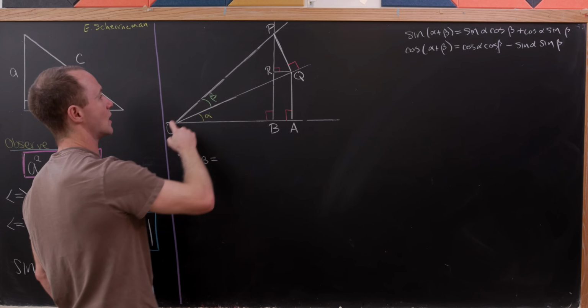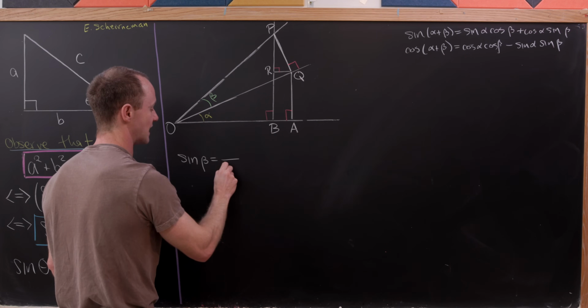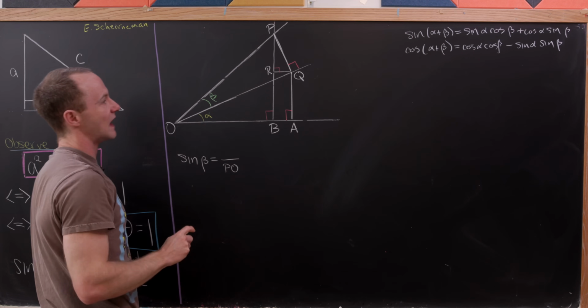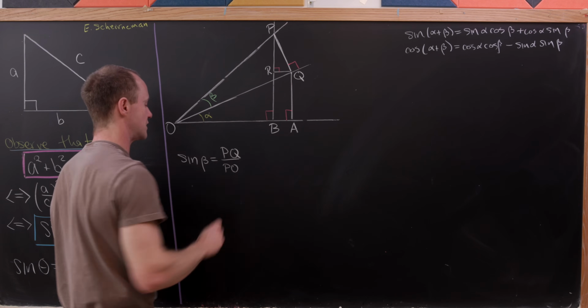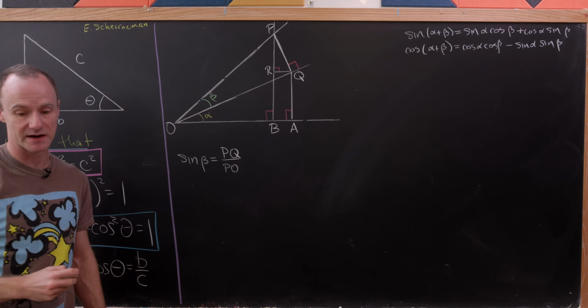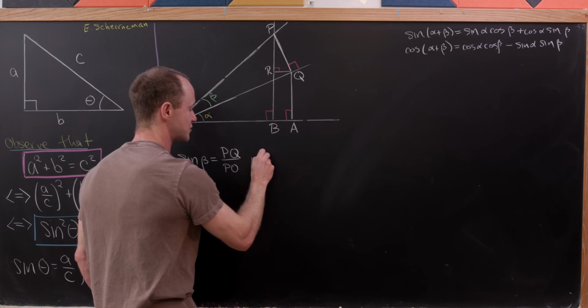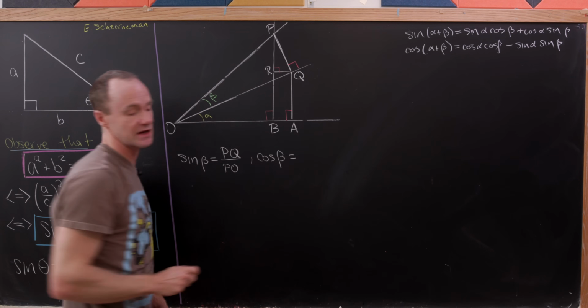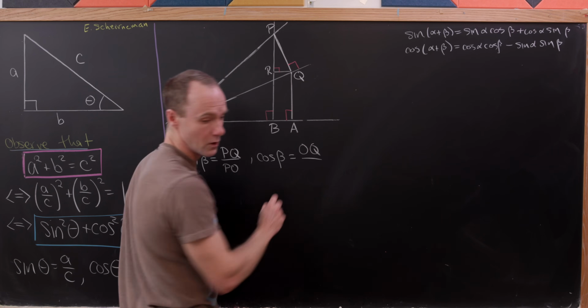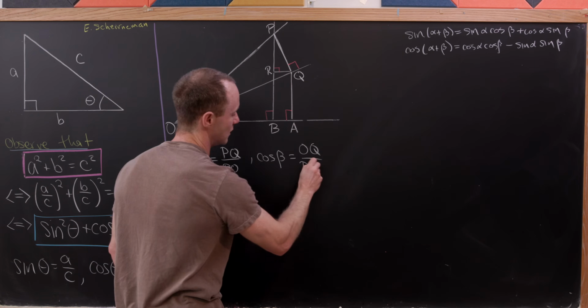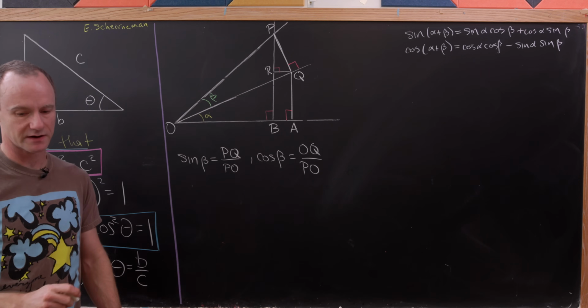That is OP, so that's going to be the denominator. I'll put PO. And then what's opposite the angle? That's going to be QP or PQ. So that's sine of beta. And then using the same triangle, we can pretty easily calculate cosine of beta as OQ over PO, of course over the same denominator.